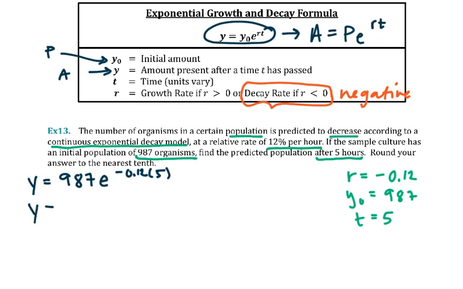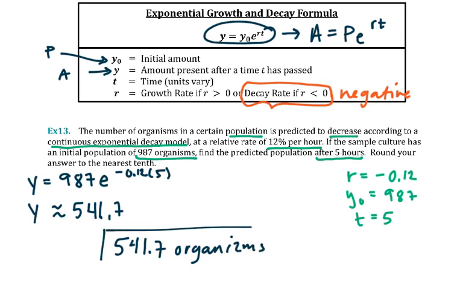You end up with y equals approximately 541.7, or rather, we will have 541.7 organisms. So that 0.7 organism might still be growing.